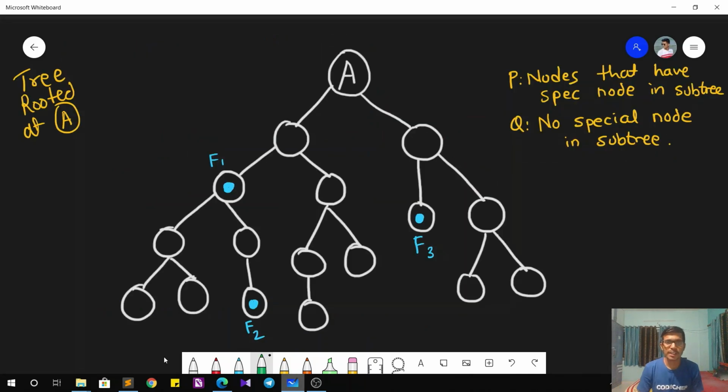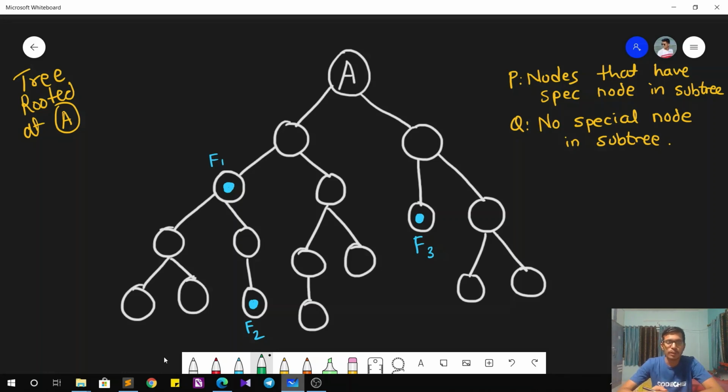So the implementation will be something like this. First of all, the tree will be rooted at A, so it will look like the diagram that you are seeing right now. And there are three special nodes given, that is F1, F2 and F3. We have defined P as the type of nodes that have special nodes in their subtree.